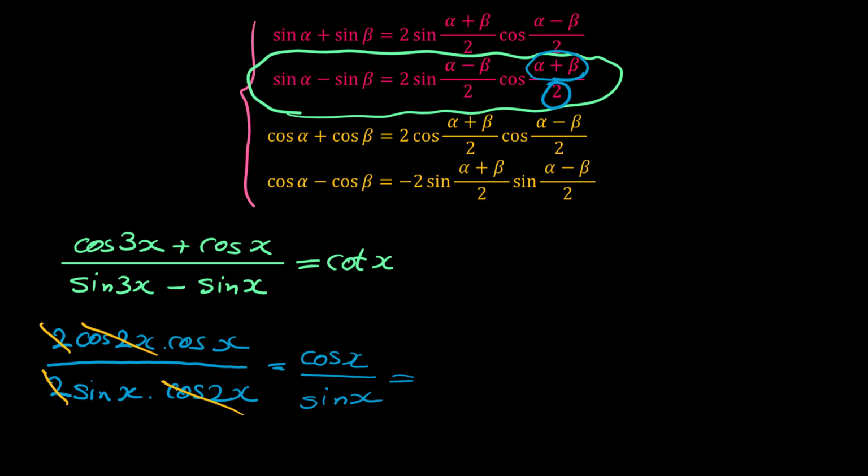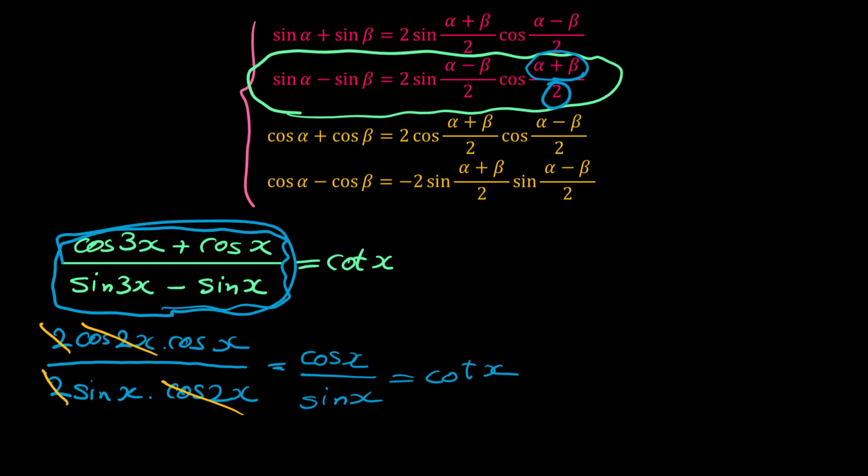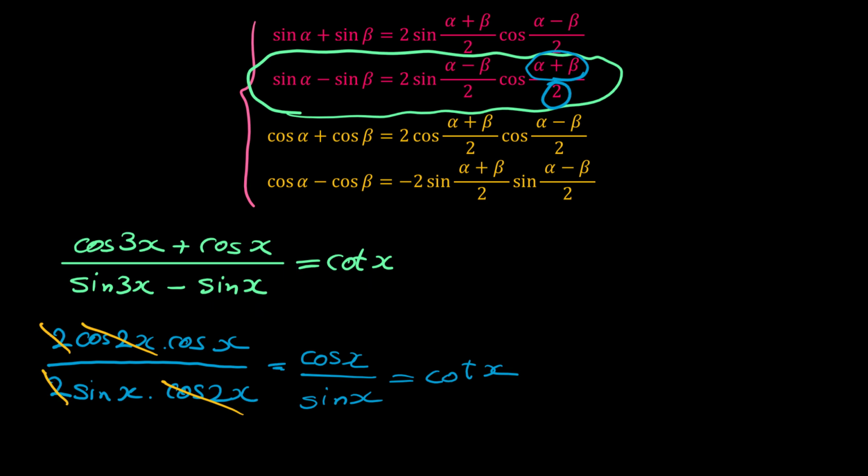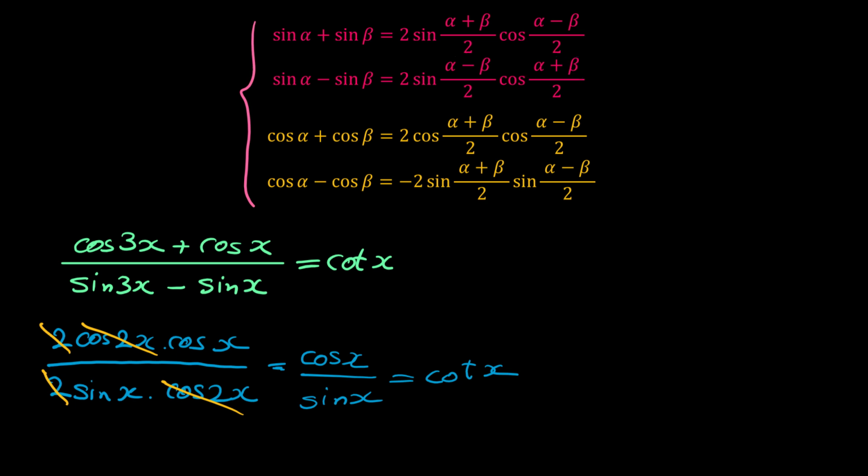From quotient identities, cosine over sine is cotangent of x. So we use sum to product formulas. We write this expression in this form. We simplify the expression, and with the aid of quotient identities, we get to cotangent, which is the other side. So we prove this identity using sum to product formulas.